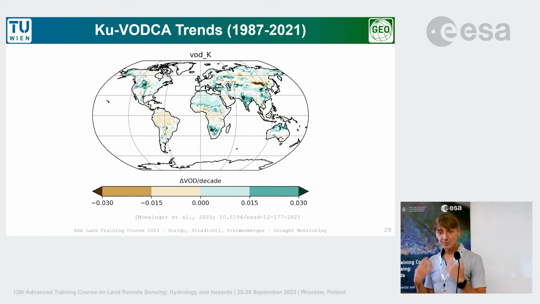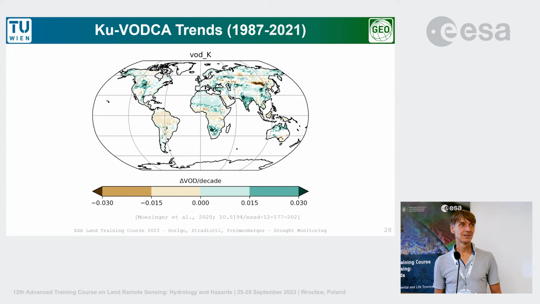And you can use this type of information, for example, for trend analysis. So these are our trends for a 35-year period. You see increasing vegetation in India. Do you have an idea what that might be? Why it gets much greener in India?